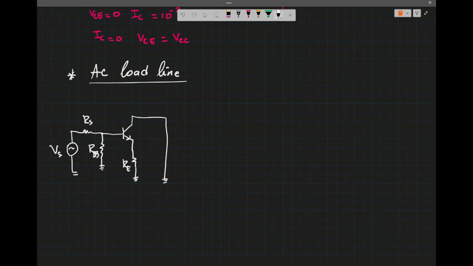Okay, so for the AC analysis, we still need to find the VCE. So the lowercase letters mean the AC, right? So we want the current IC still as a function of VCE, the AC voltage between the collector and the emitter.